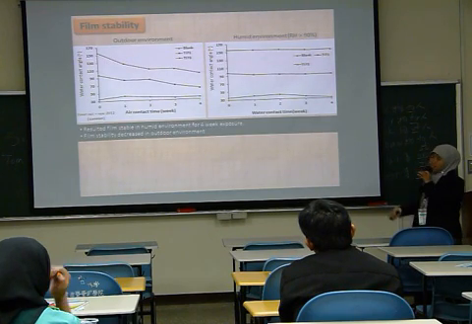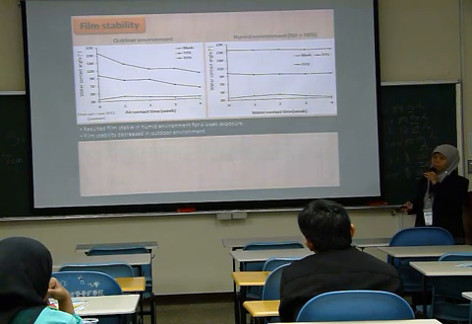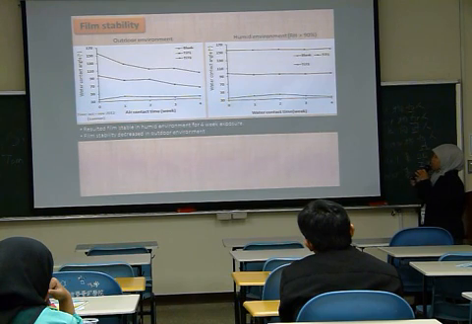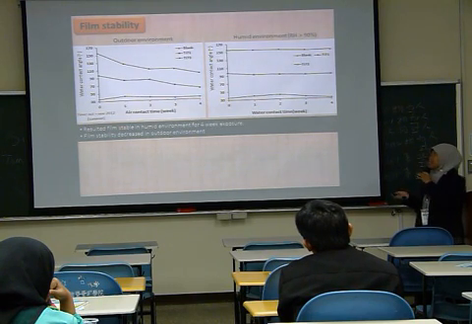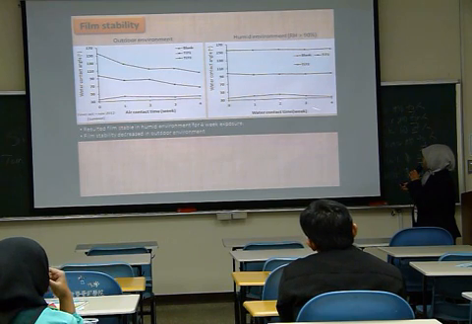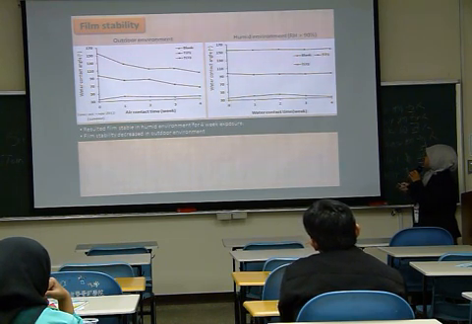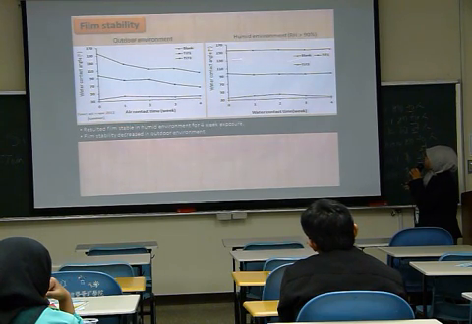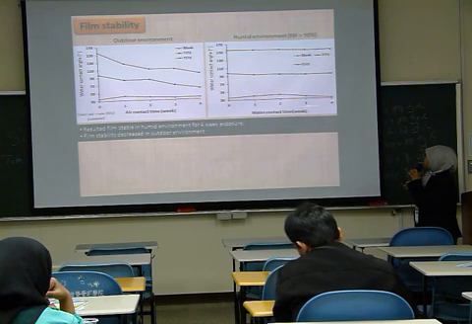And for the film stability, we put the film into two kinds of conditions: the humid environment, with relative humidity more than 90%, and you can see that for 4 weeks of exposure, the film was very stable. There's just a little decrease.